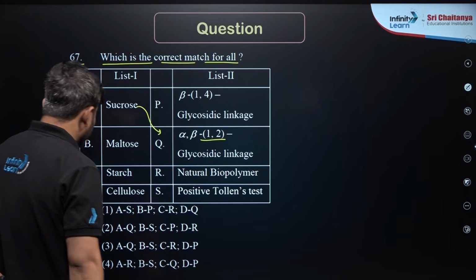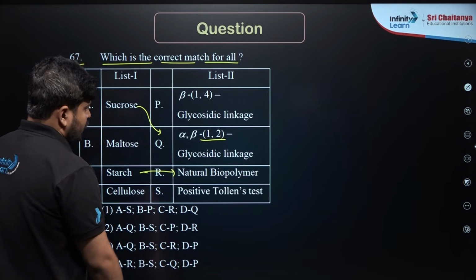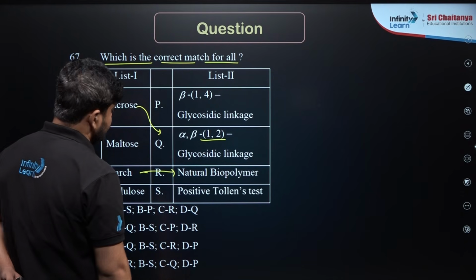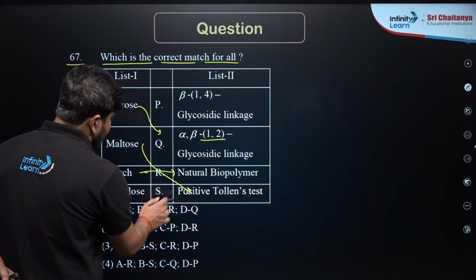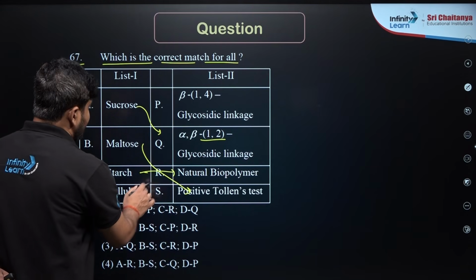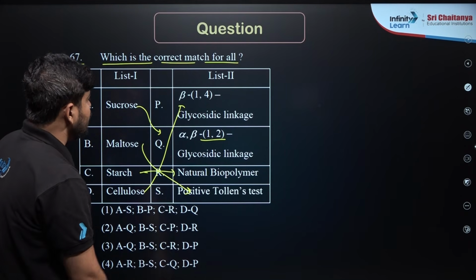Okay, now starch is a natural biopolymer. Maltose gives a positive Tollens test, because a free hemiacetal group is present. And cellulose provides a beta 1,4 glycosidic linkage.